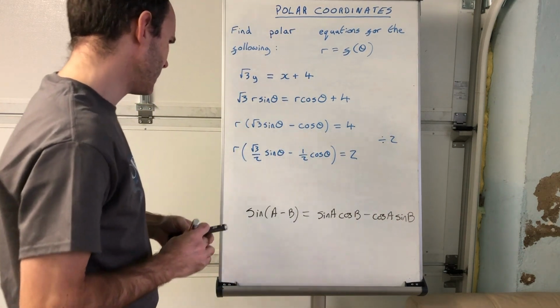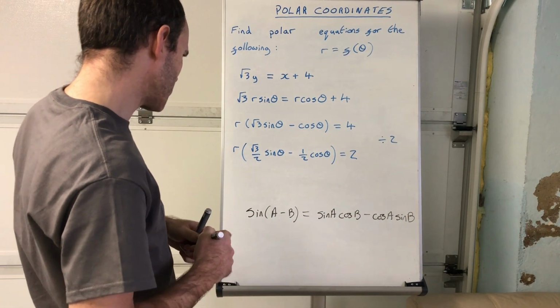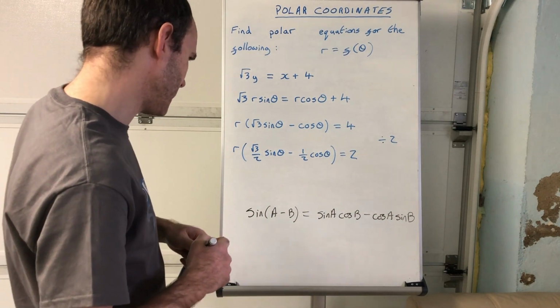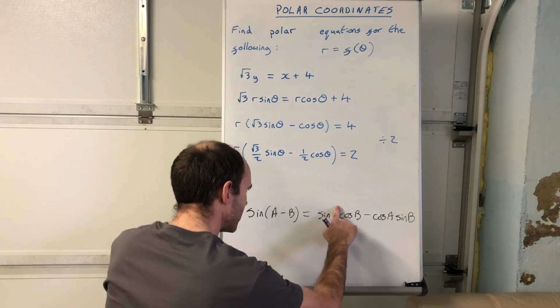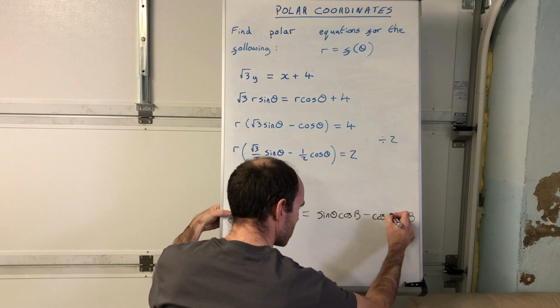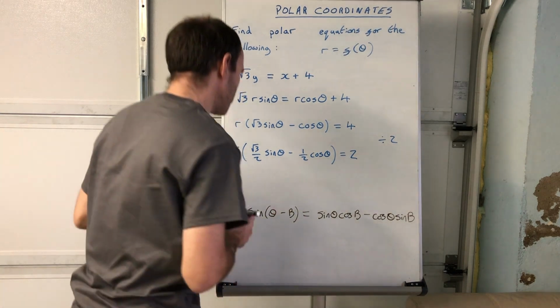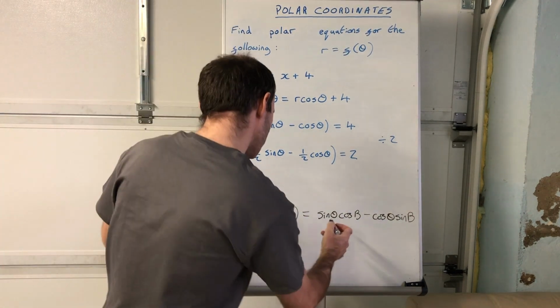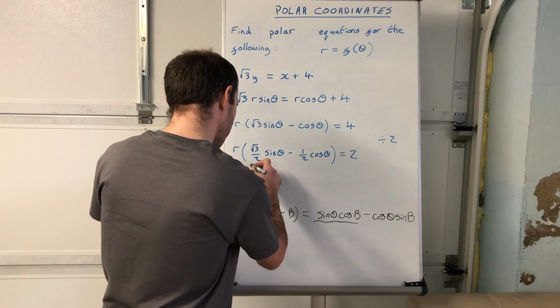Okay, and then I can try and match these up. So it kind of looks like the A term there is theta. Okay, so I'm down on one knee. There we go. Can you see that? So in other words, the sine theta cosine B is equal to this.